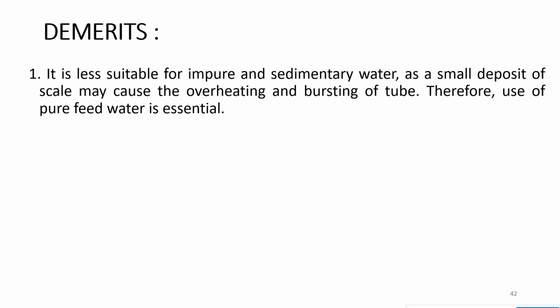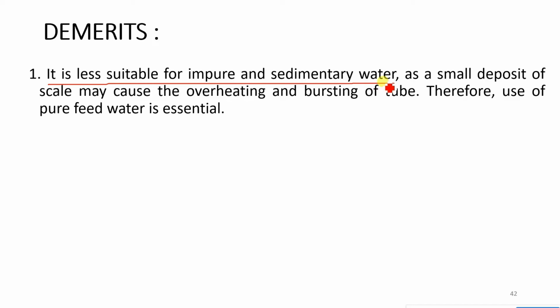Now demerits. It is less suitable for impure and sedimentary water. Means it is very less suitable for impure and sedimentary water because water is flowing through the tube. If water contains some impurity, impurity will be deposited in the tube and it will act as a scale and insulation.